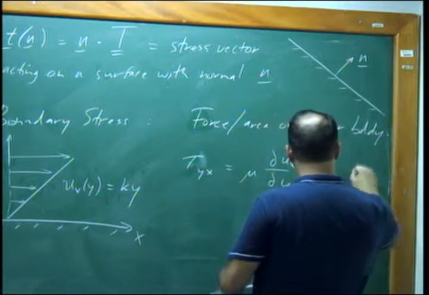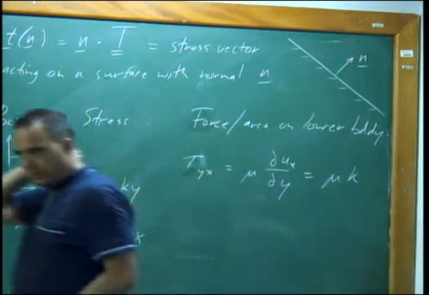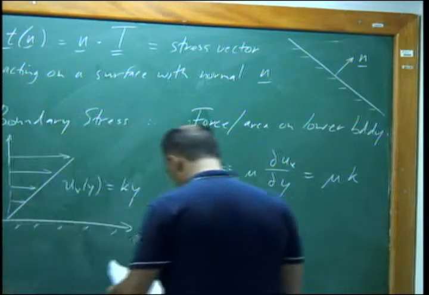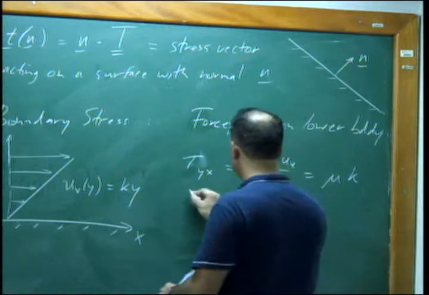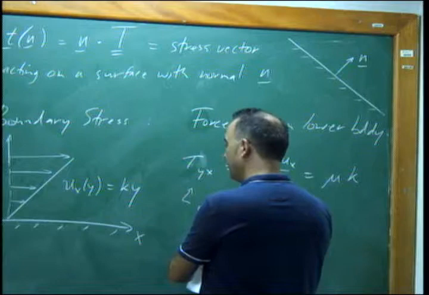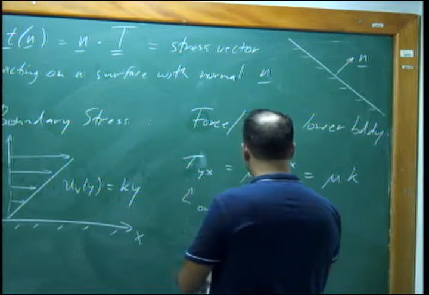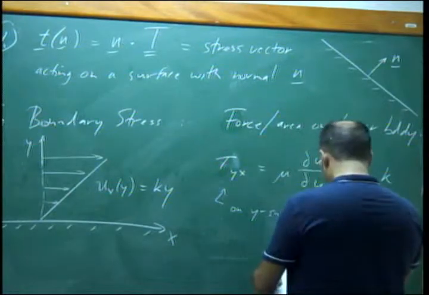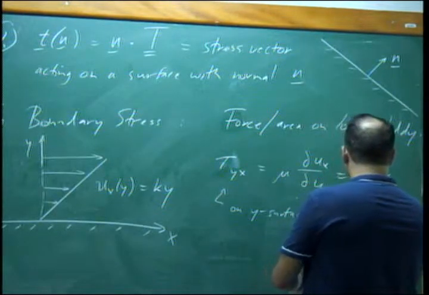So it depends linearly on the local shear. Okay? And this is evaluated at the lower boundary. So this is the stress now on the y surface. Let's just say the surface which has a normal parallel to y, and it's the force in the x direction.